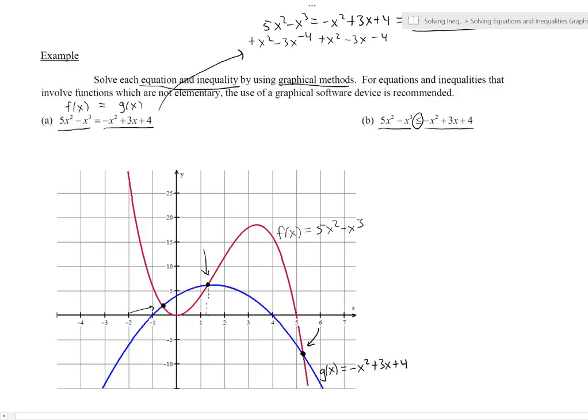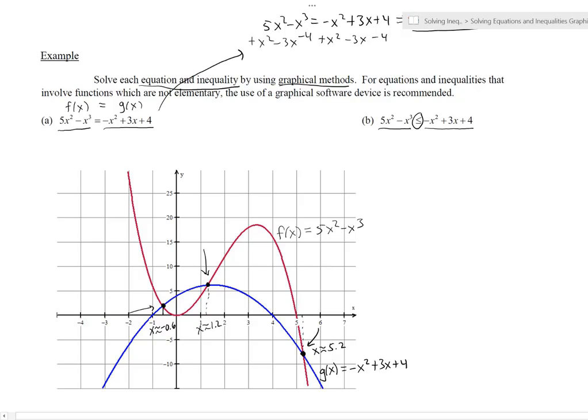It looks like that's maybe about, I don't know, x is about 1.2 or so. And then the one on the far left, that looks like maybe negative 0.6. So x is approximately negative 0.6. And then finally, down at the far right, at the bottom there, x is approximately maybe about 5.2.